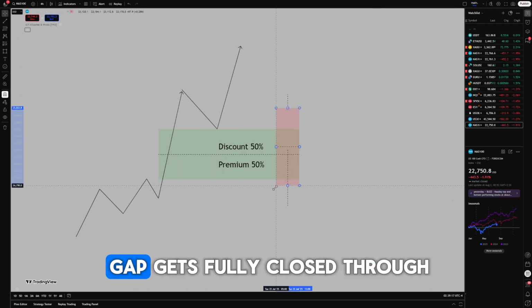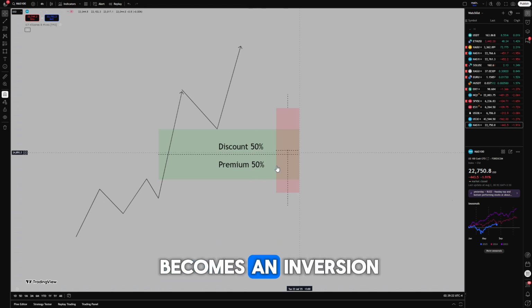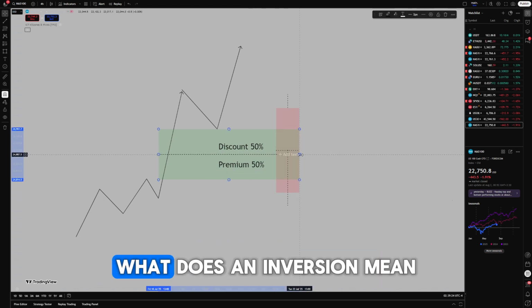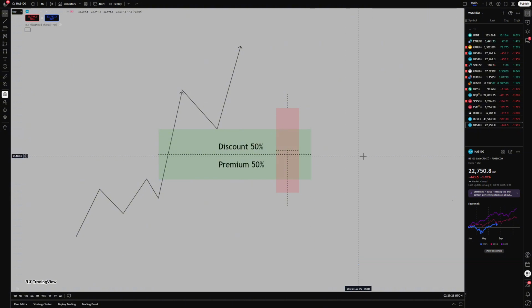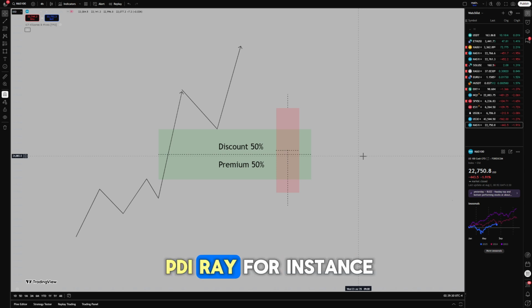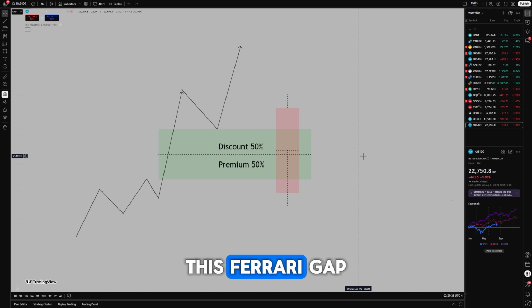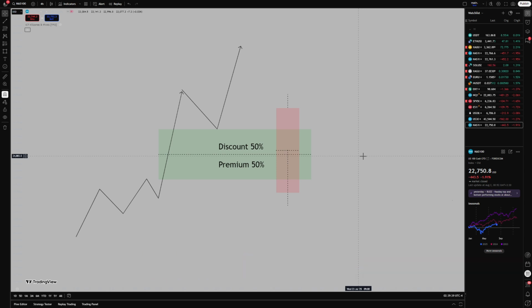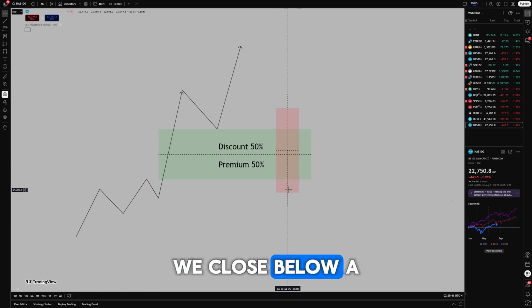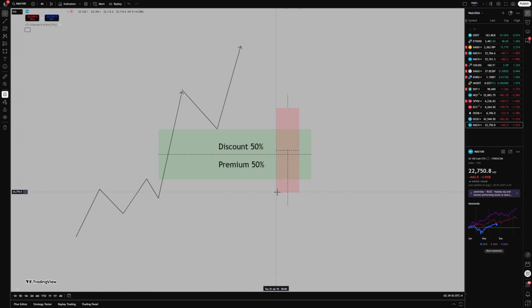When a fair value gap gets fully closed through, just like this, it becomes an inversion. What does an inversion mean? It's like we were to displace any other thing. If we have a bullish PD array, for instance, this fair value gap, and we are looking for short confirmations, we close below a bullish fair value gap.